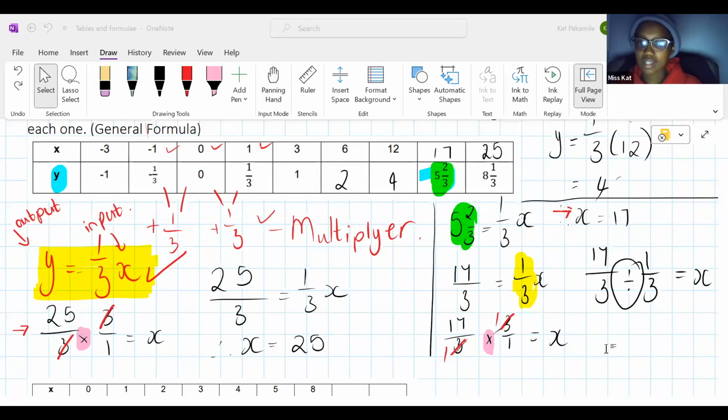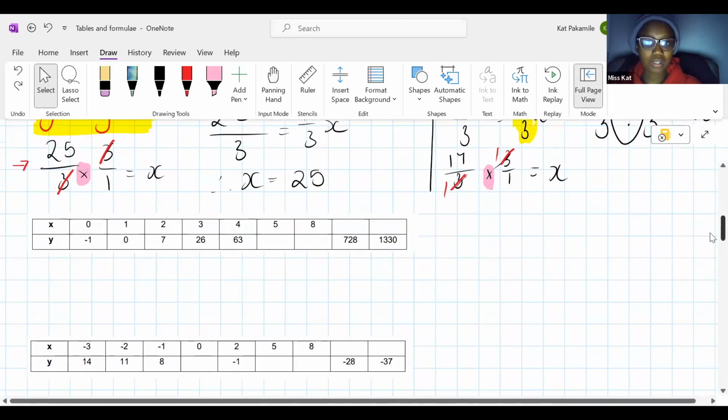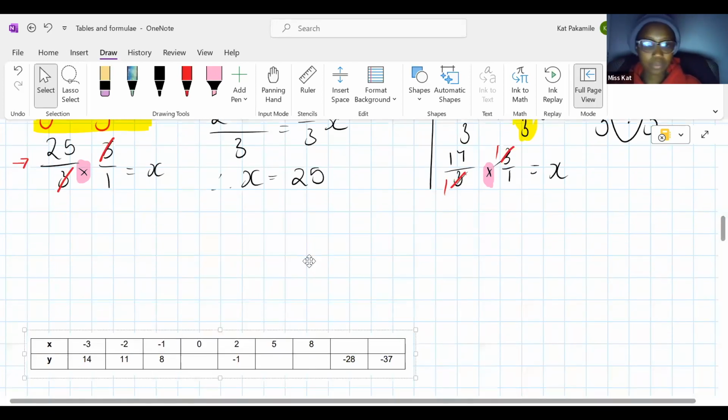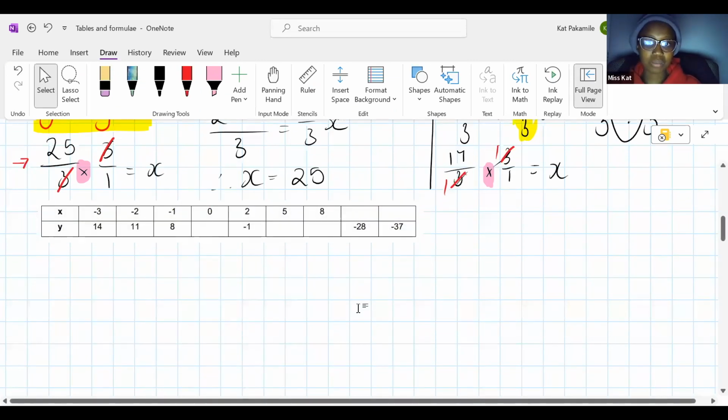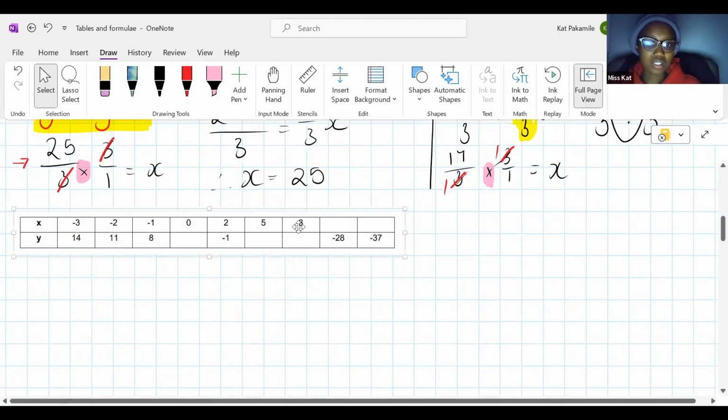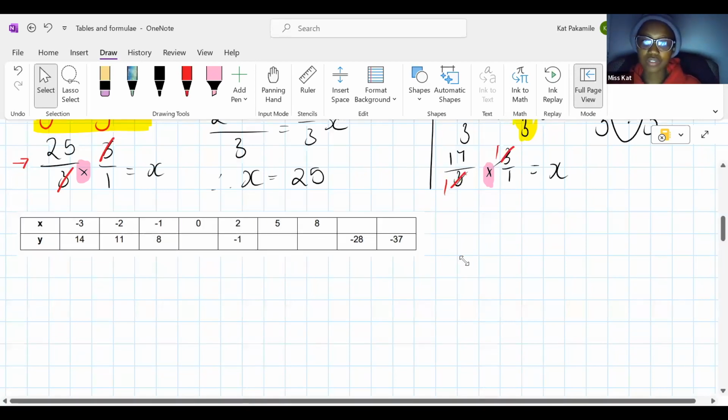Okay, guys, let's move on. Let's do this one. Let's follow the same steps and see if we can fill in the rest of my table.